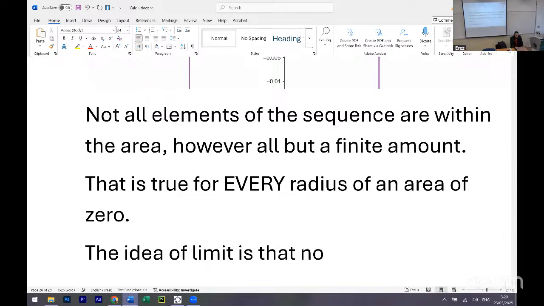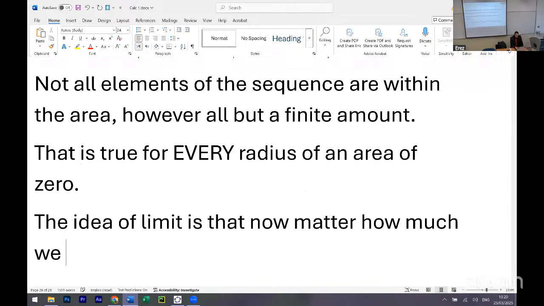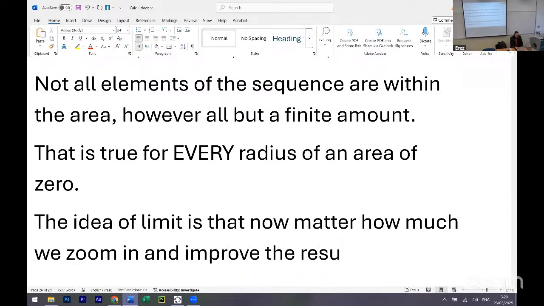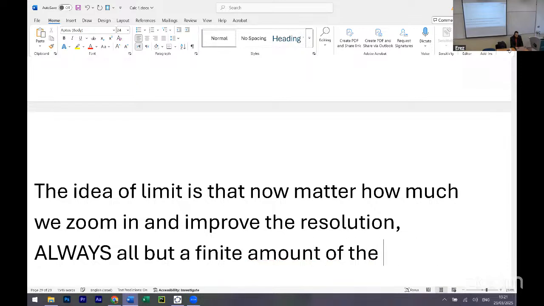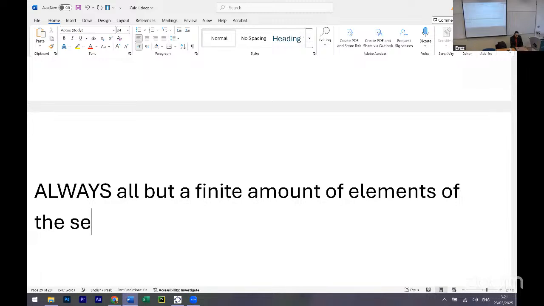So basically, the idea of limits is that no matter how much we zoom in and improve the resolution, always all but a finite number of elements of the sequence are there.